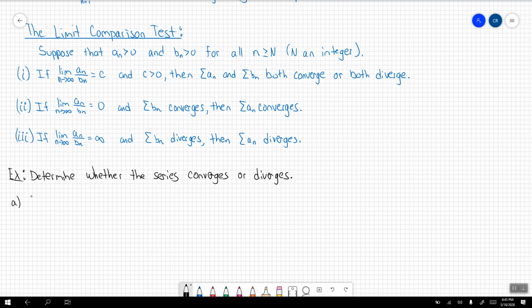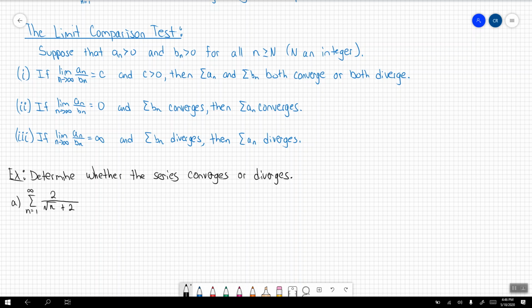Part A. We're looking at the series where n is equal to 1, and this is going to be for 2 divided by the square root of n plus 2. All right, so let's start by looking at this particular series.